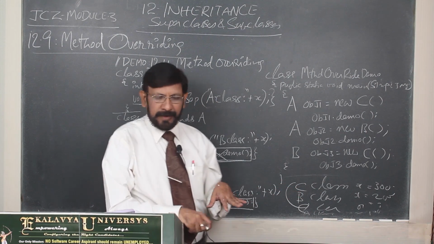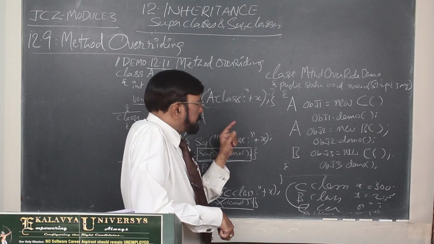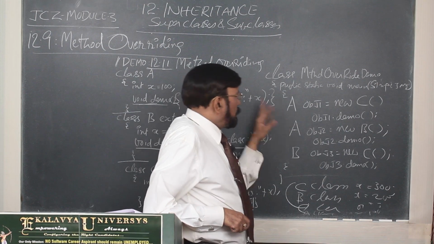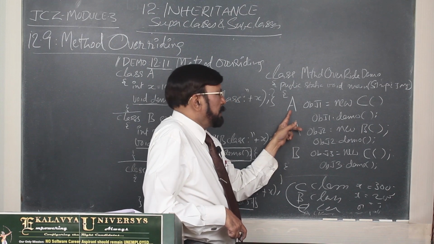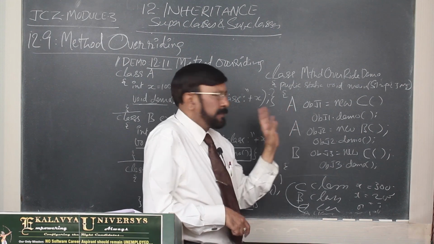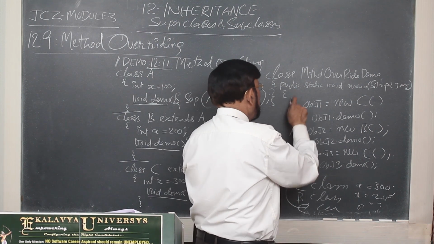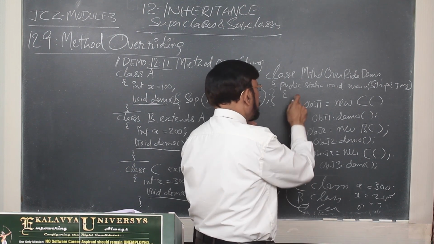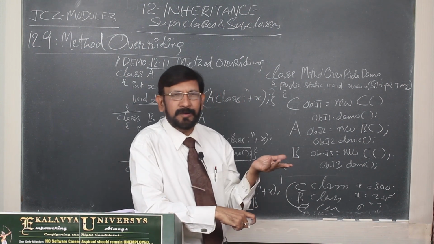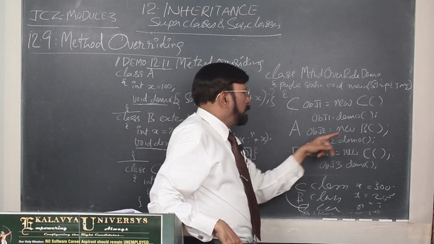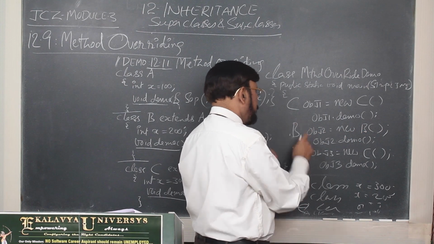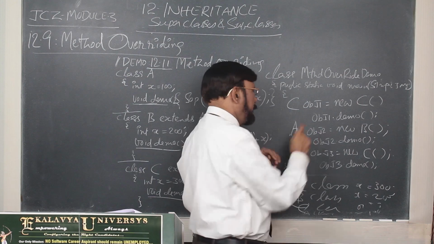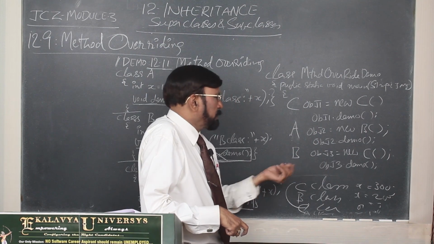Now, in the same context we discuss one more thing. What is that? What is incompatibility? For C, what we can put? Either A or B or C are compatible. Okay. Now, as far as B is concerned, either B or A, both are compatible.